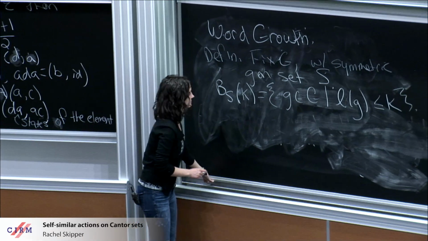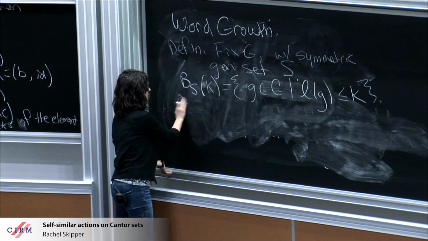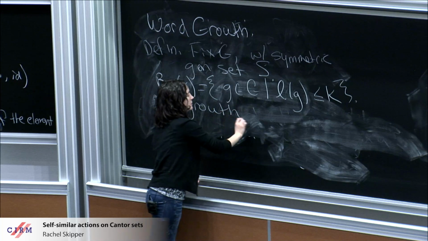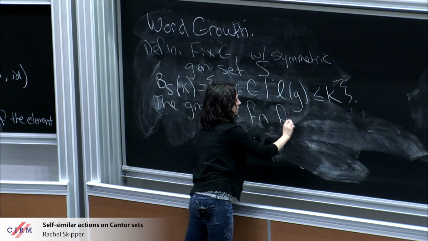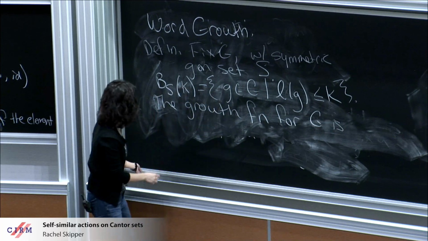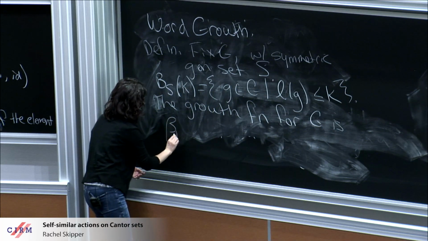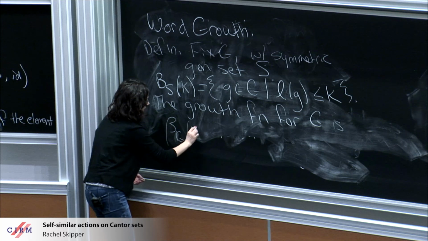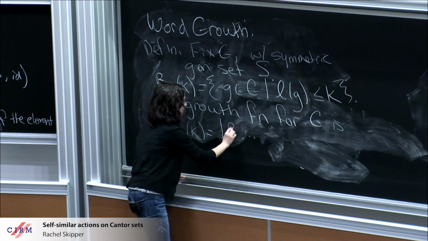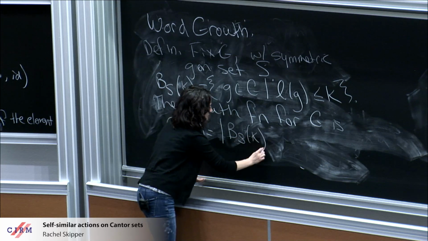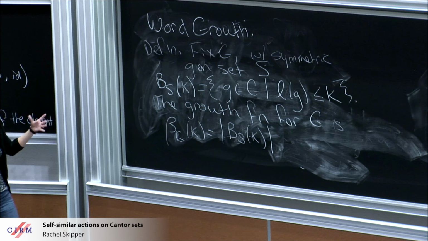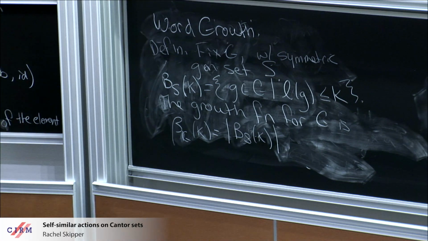And then we can define the growth function for G, which I'll call beta sub G of k, which is just the size of this ball of radius k. In other words, we're counting the elements in the ball of radius k.